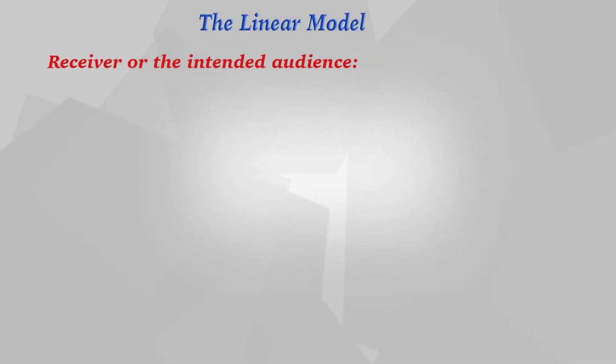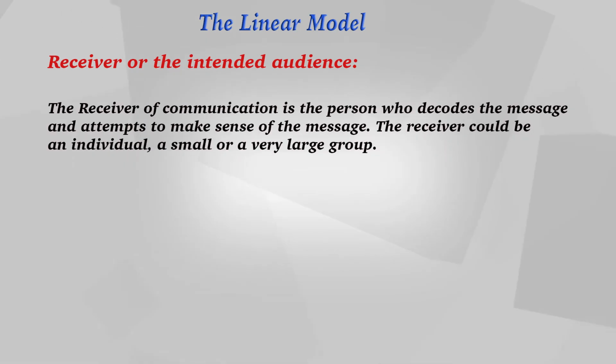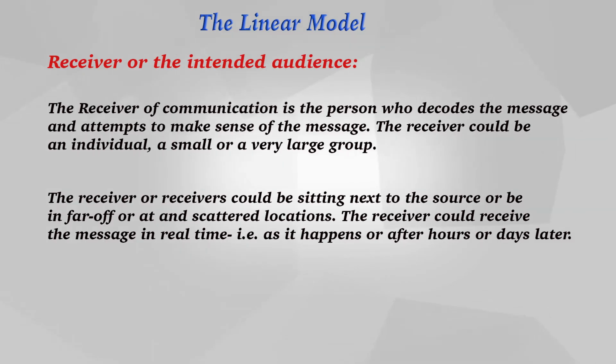Then receiver or the intended audience. This is the next element. The receiver of the communication is the person who decodes the message and attempts to make sense of it. The receiver could be an individual, it could be a small or it could be a very large group. The receiver or receivers could be sitting next to the source or be far off, at a very scattered location.